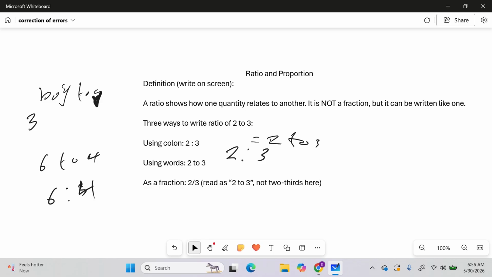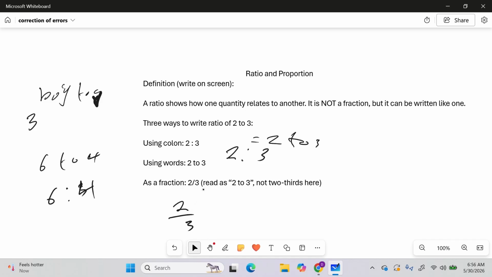For example, this expression here can be written as 2/3. The first number becomes the numerator, or the top number, the colon becomes the fraction bar, and the 3 becomes the denominator.